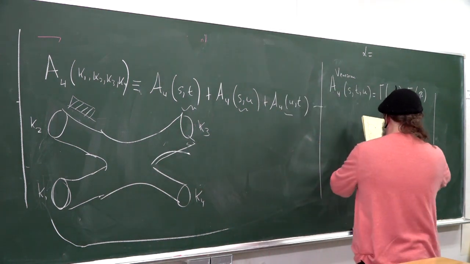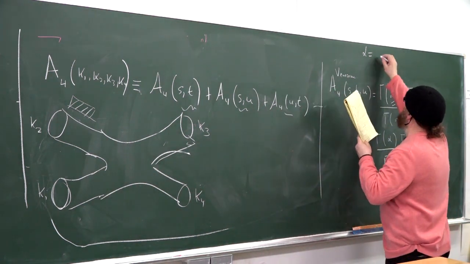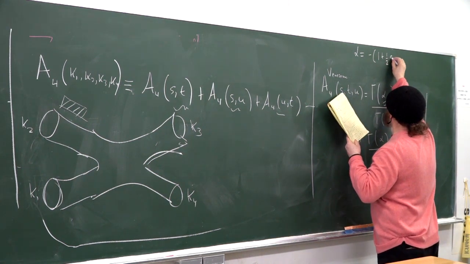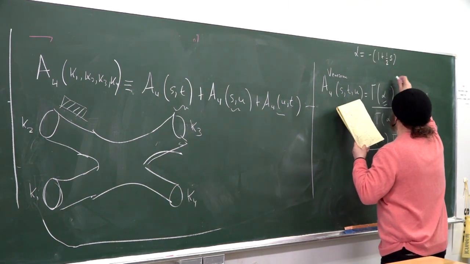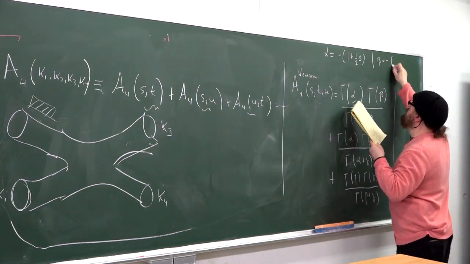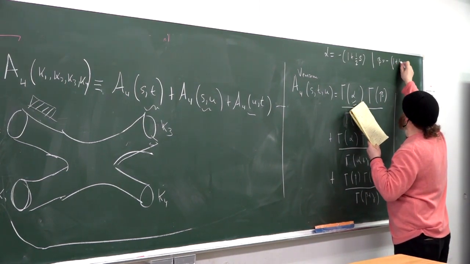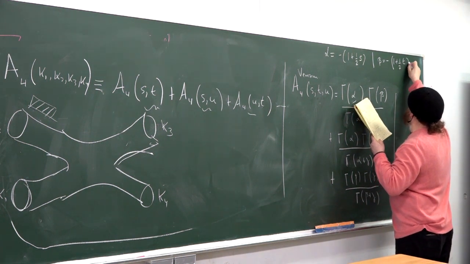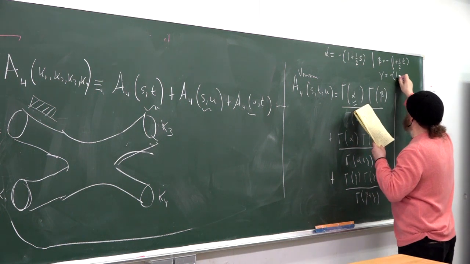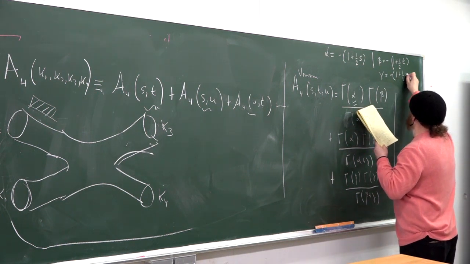Alpha is defined by 1 plus minus 1/2, and this is the Mandelstam variable in the S channel. Beta is the same thing, but it involves the Mandelstam variable in the T channel, and gamma involves the Mandelstam variable in the U channel.